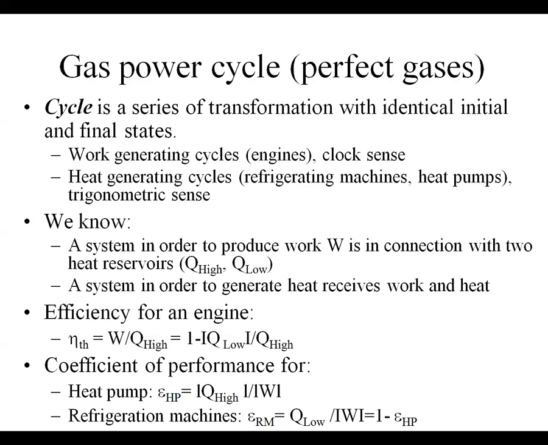The efficiency of an engine is defined by the ratio between the produced work W and the energy of the high heat reservoir. And if you use the relation of continuity, meaning that Q high plus Q low, this is with plus, this is with minus, that we have to put into brackets to take only the positive value, the sum is W, because energy is conserved.